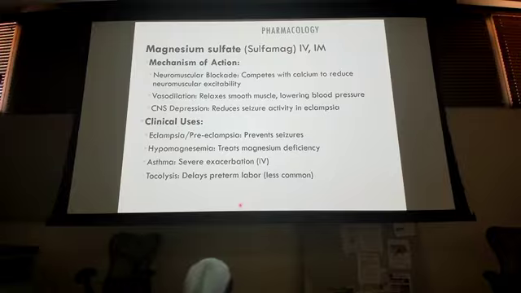Yeah. And is this the same as the liquid magnesia that we know about? No. Your milk of magnesia, you're using that when we're trying to get people to go, we were talking about that in GI. This is more dealing with CNS type issues, or if you're looking at magnesium deficiency in general, you're replacing it.